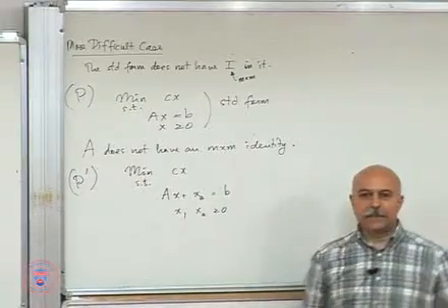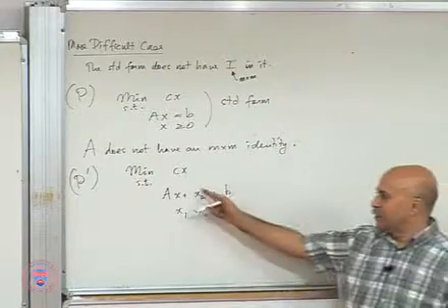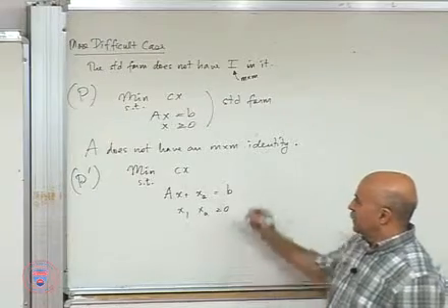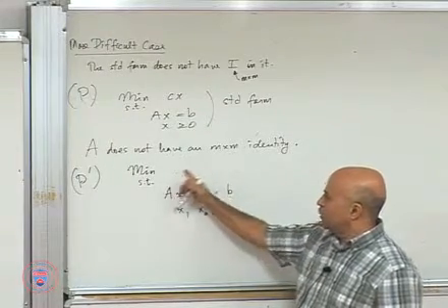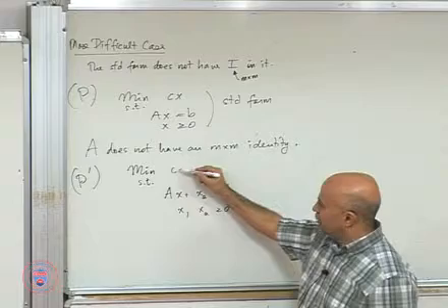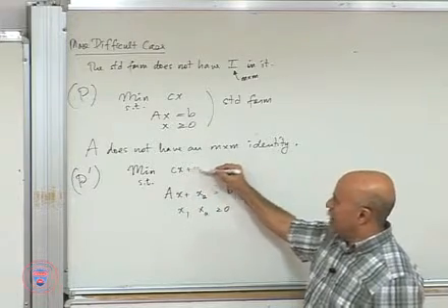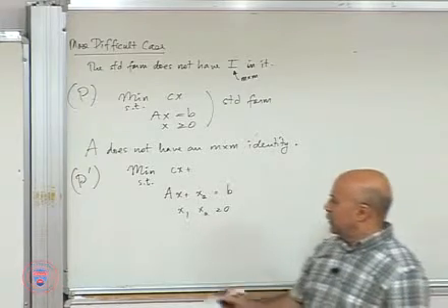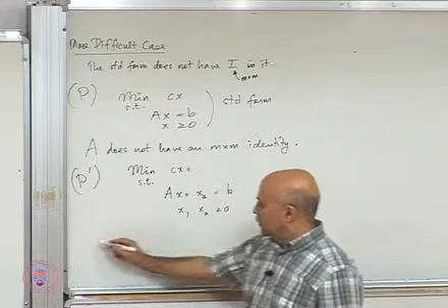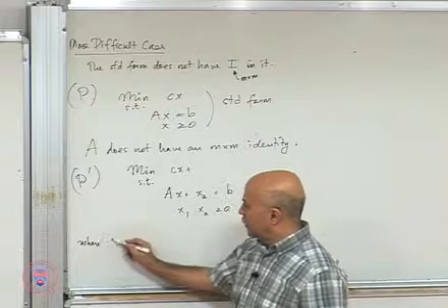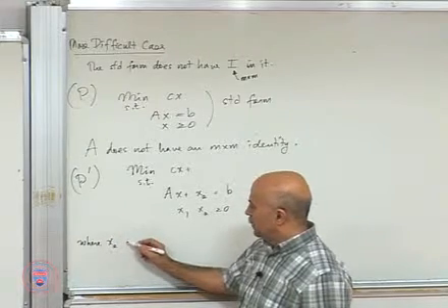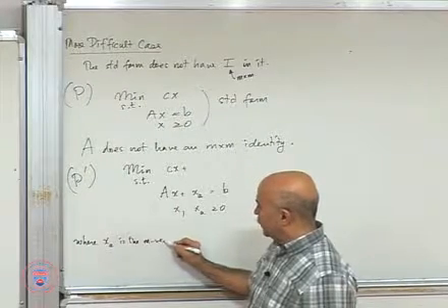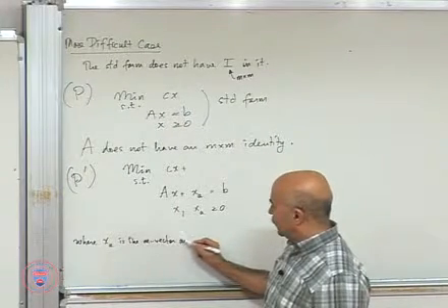So I simply added new variables and new columns. The new columns form the identity. And of course, let's forget the objective function for a moment. Well, actually, let's not forget. We'll add something to the objective function for the new variables, okay? And here, xa is the m vector of artificial variables.